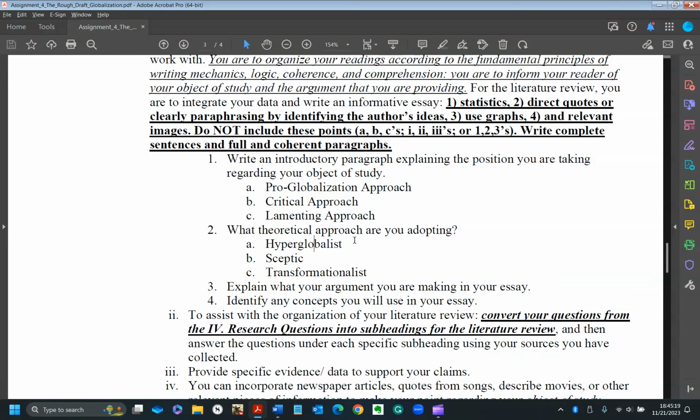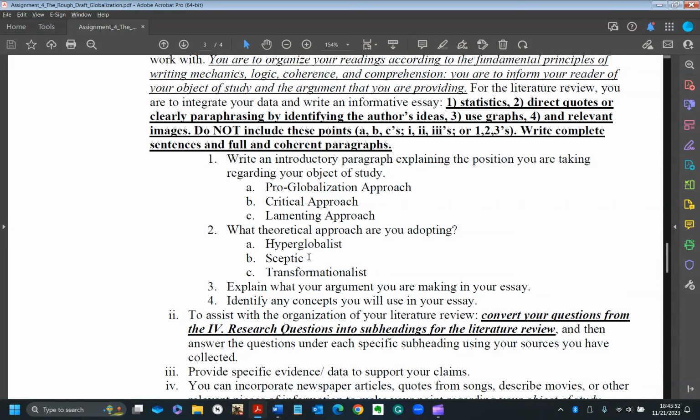You can see this reflected within the language of researchers that adopt this position, where they'll categorize globalization as global capitalism per William I. Robinson, or liquid capitalism, and I think it's Bauman who argues that point, or casino capitalism by Strange. So that's what that term means for the hyperglobalists.